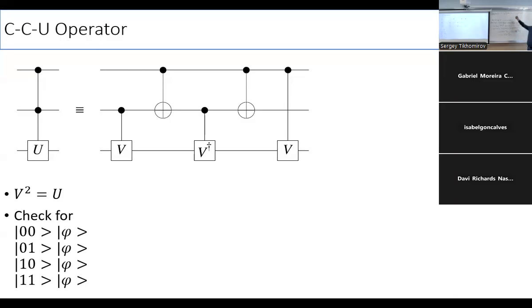After this, we are controlling by the second qubit, so we do nothing. After this, we do once again the controlled not, so 1, 1, V phi, and we do this the second time: 1, 1, V phi. So this is exactly equal to 1, 1, U phi, exactly what we wanted to get.